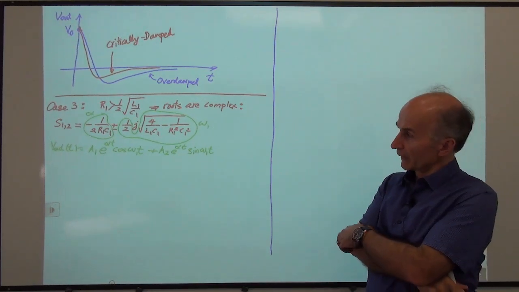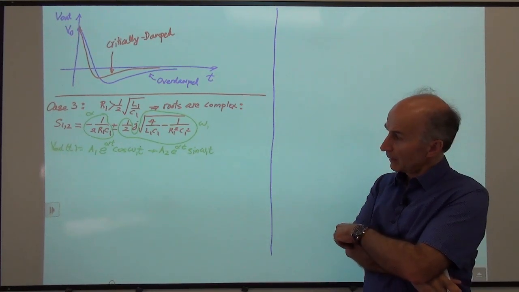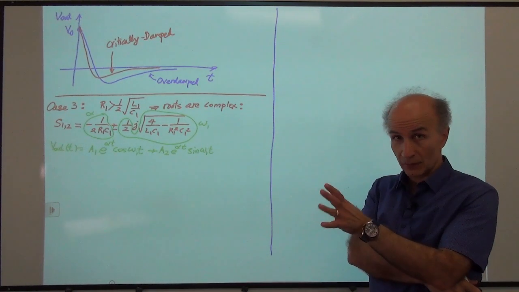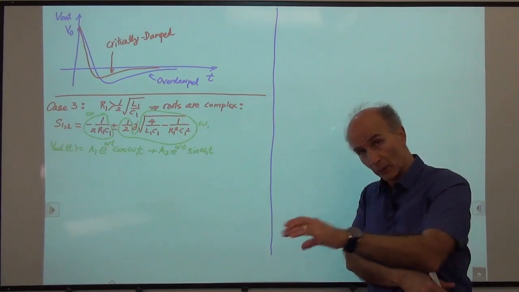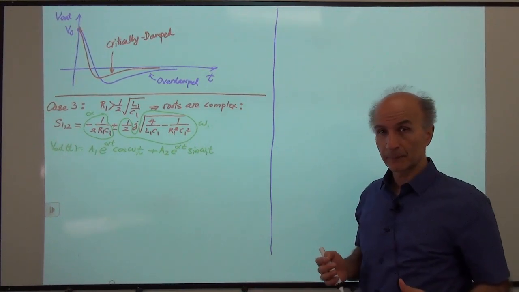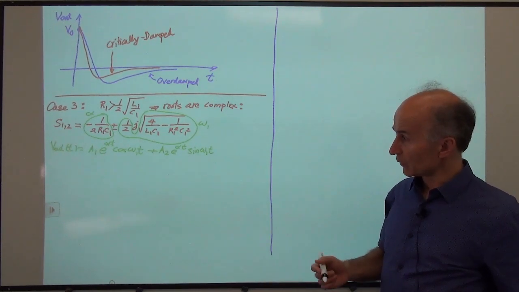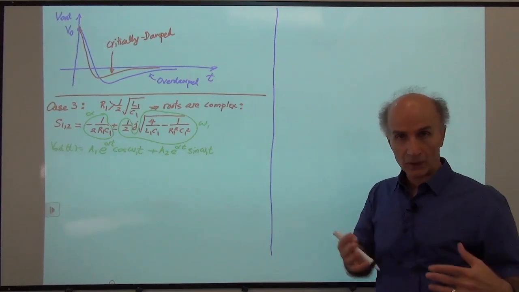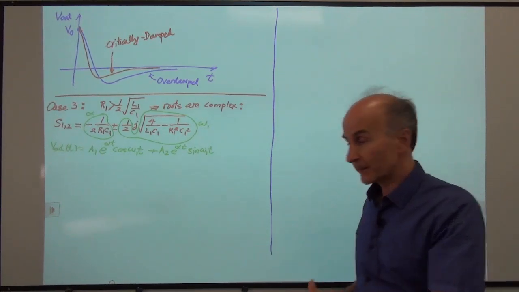So what does this look like? We have these decaying exponentials. Alpha is negative, so these exponentials have to die away, and they prevail over the cosine and the sine. And then we have cosine and sine. So the result will look like a periodic sine or cosine that's dying away.